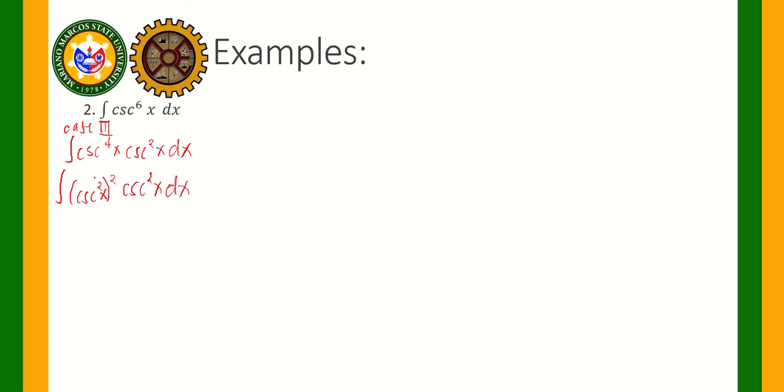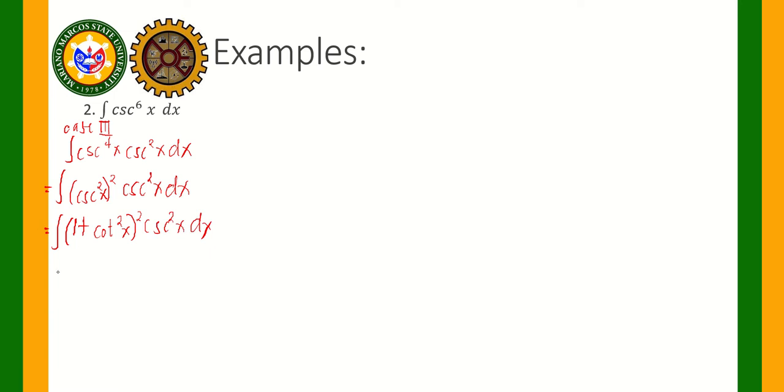So, what will we replace cosecant squared x with? That will be equal to 1 plus cotangent squared x. This is according to case number 3. So, this will be equal to 1 plus cotangent squared x quantity squared times cosecant squared x dx.